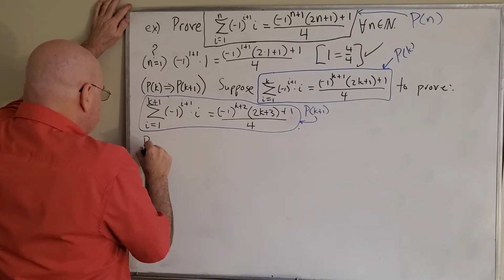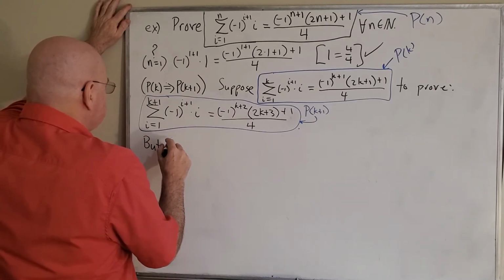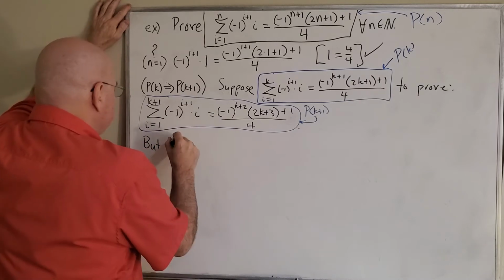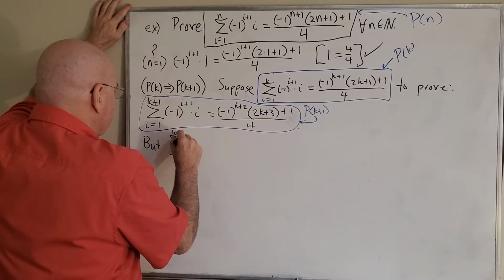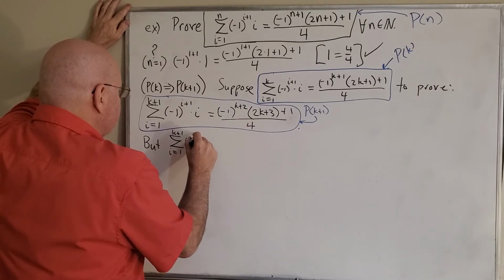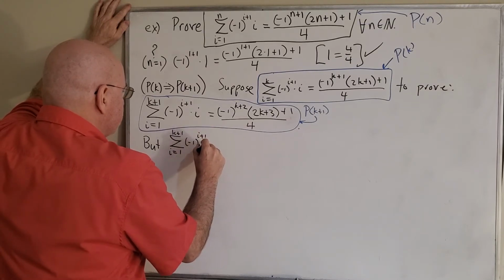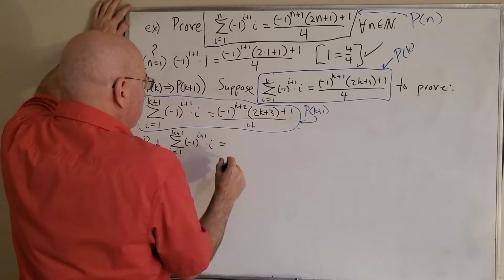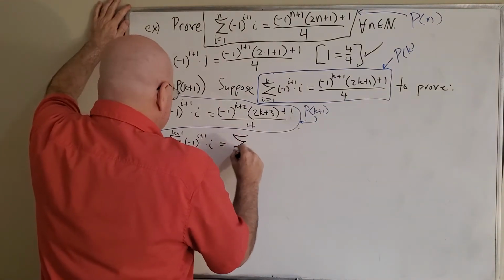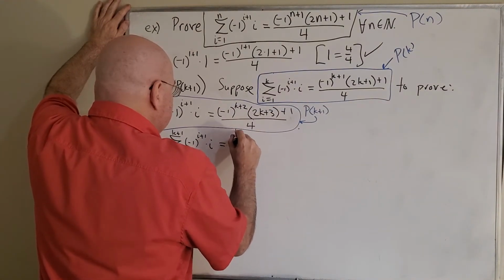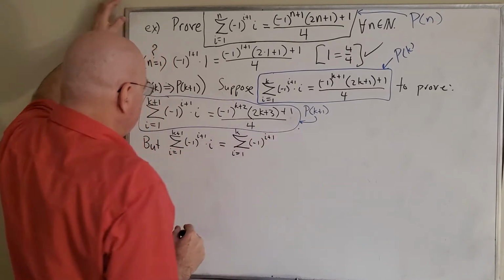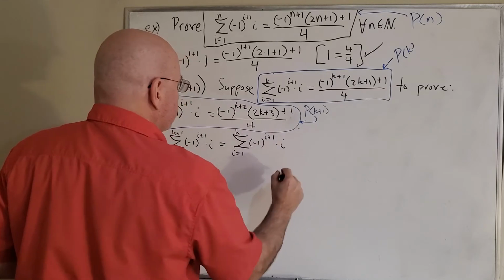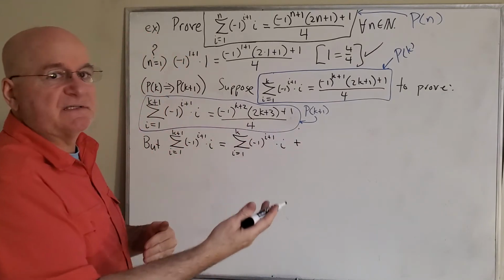But that left-hand side, this right here, can be broken down using the inductive hypothesis. It's equal to the summation I equals 1 to k of the same thing, plus the k plus first term.